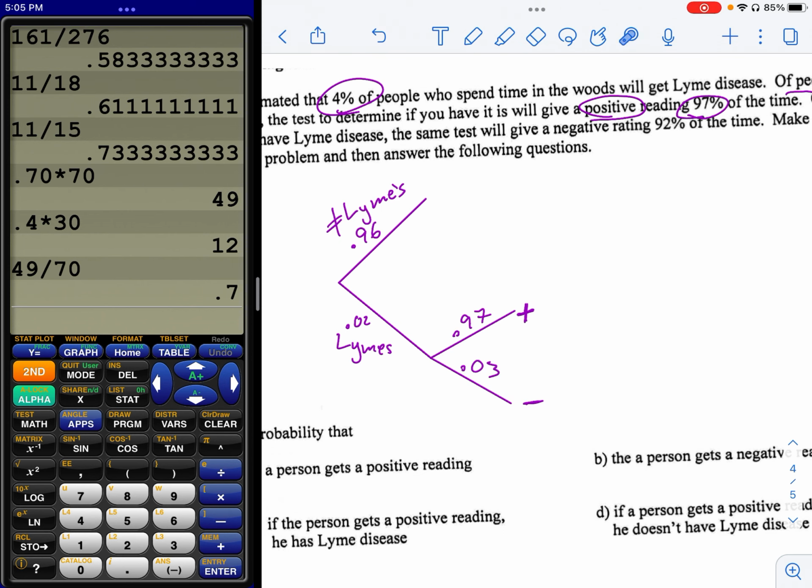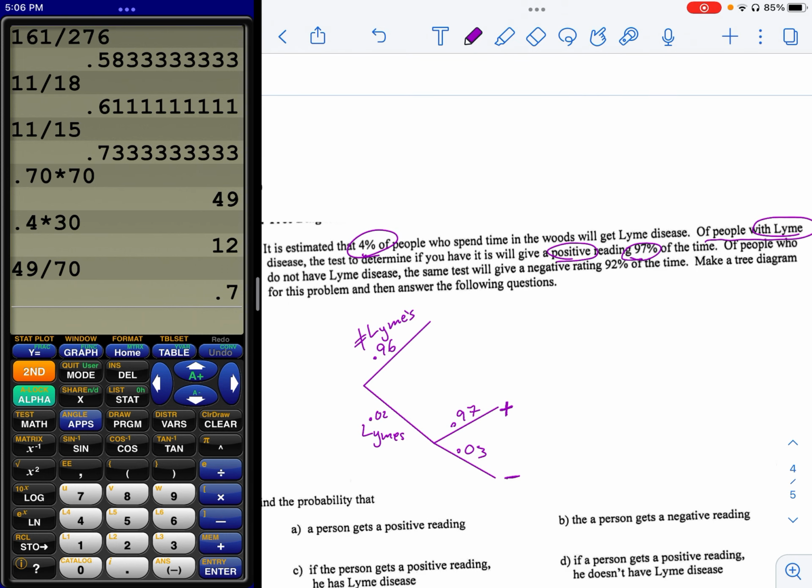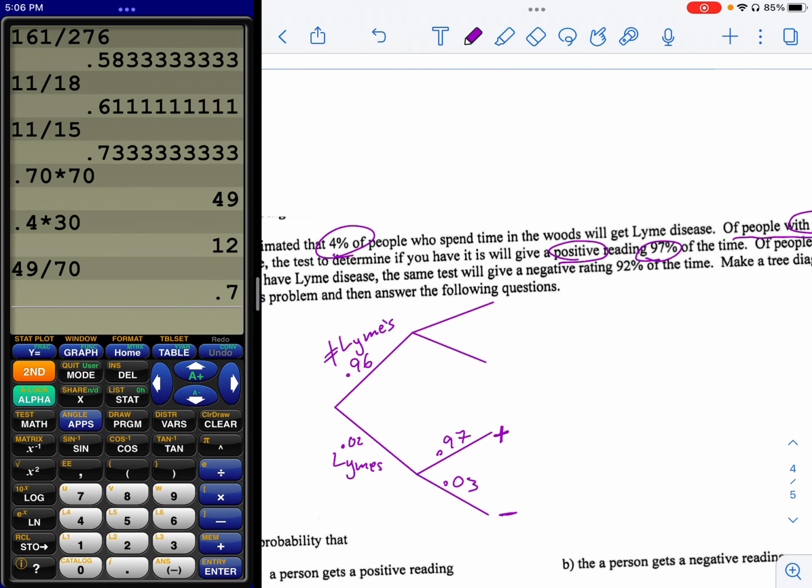Okay, so if you have Lyme's disease, you take the test, 97% of the time it will be accurate because you have Lyme's disease. 3% of the time, this is a problem. It tells you it's negative, but you actually do have Lyme's disease. And we know with all these COVID testing we've been doing lately, this happens. All right, then up on the top, what are the percentages? Same thing. You're going to have these people take a test.